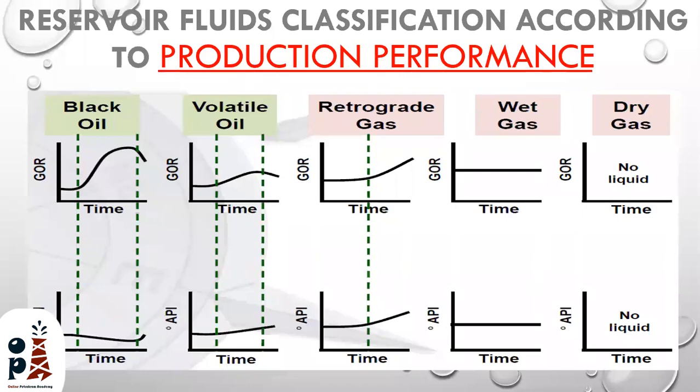For retrograde gas reservoirs, the GOR increases with time and also the EBI. For wet gas, the GOR is constant because the wet gas will still be in the gaseous state at the reservoir conditions, and the EBI is also constant. For dry gas, no liquid dropout occurs.